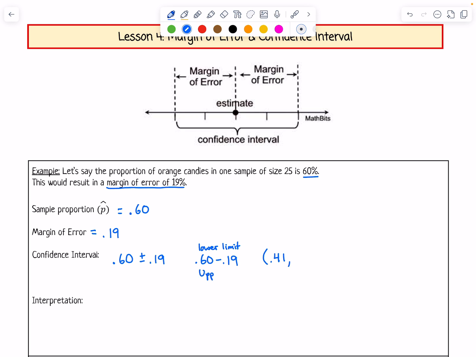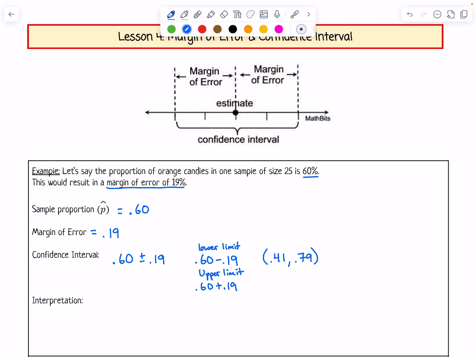Our upper limit is 0.60 plus 0.19, which gives us 0.79. So that is our confidence interval, 0.41 to 0.79, and it's written in the form of an ordered pair, but that's not what it represents.